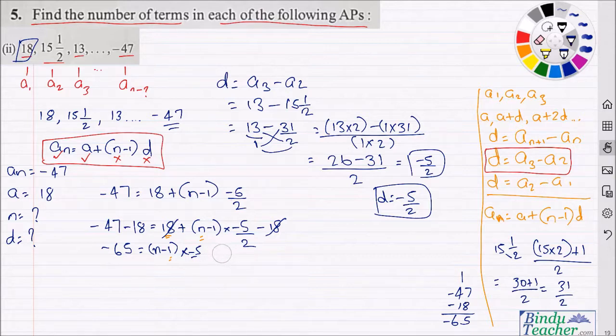Let me rewrite it again. So let's say minus 65 equals n minus 1 into minus 5 by 2. So since we want to remove minus 5 by 2, I will multiply it with minus 2 by 5.